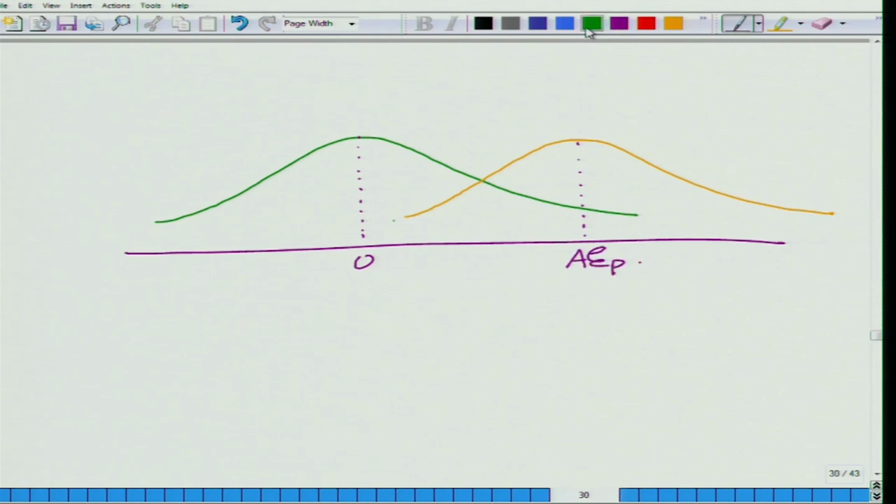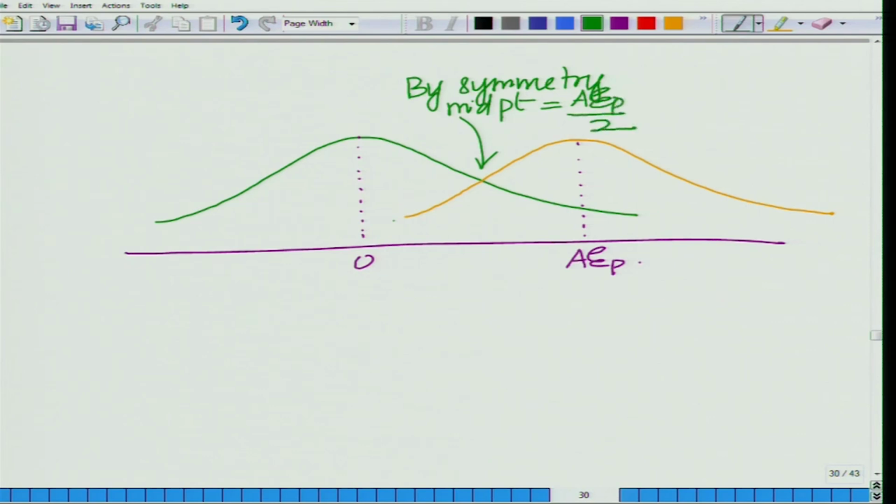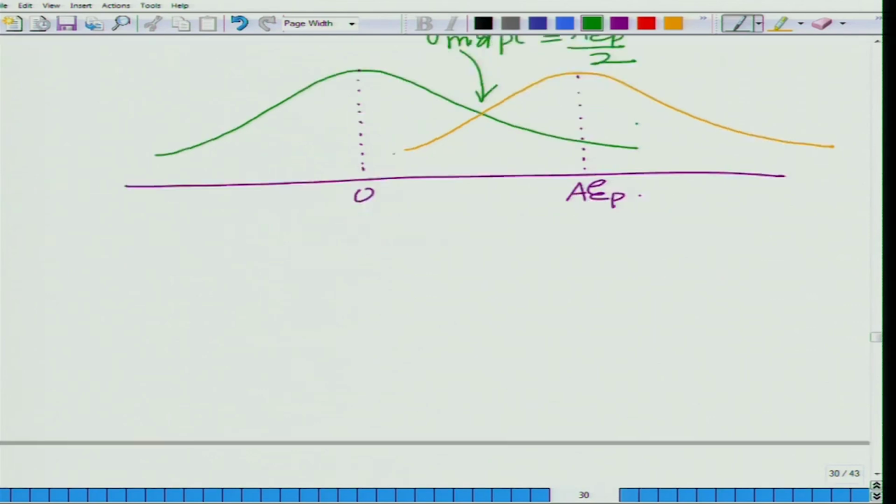This point is AEP, and by symmetry the midpoint is AEP divided by 2.